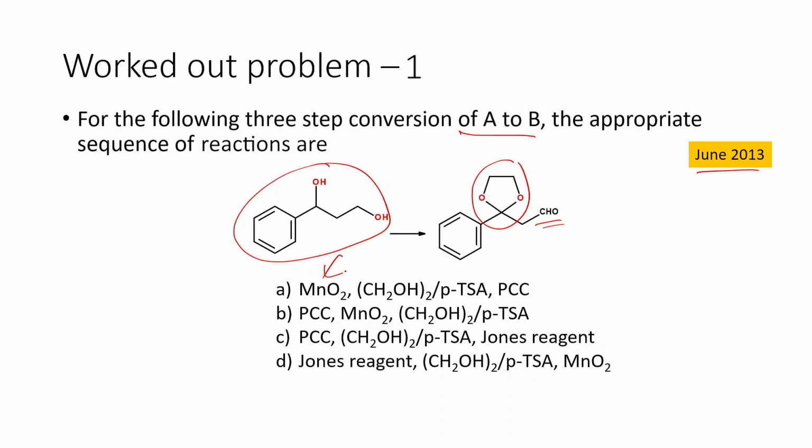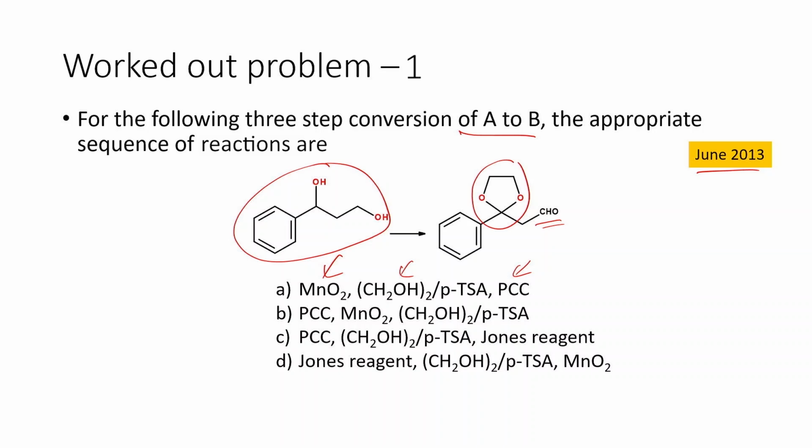One is manganese dioxide, the second is ethylene glycol in the presence of paratoluene sulfonic acid, and in the third step we have PCC, that is pyridinium chlorochromate. These 3 reagents are used for the transformation. In the second combination we have PCC followed by MnO2 and the protection by ethylene glycol.